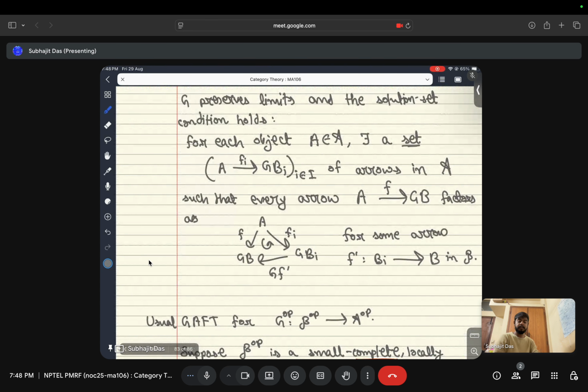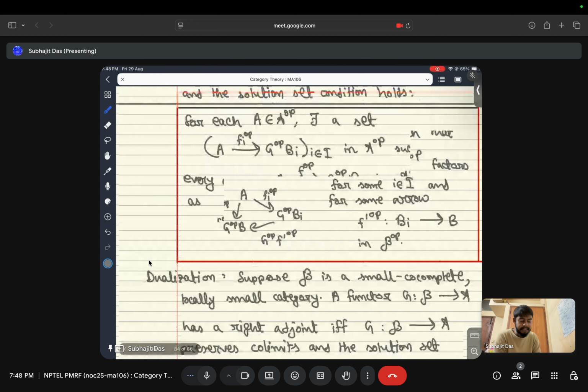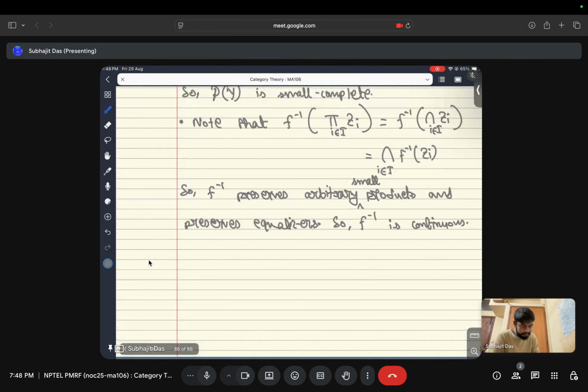What we need to show is that for each object A in the category, here an object of PX, that is, for each subset U of X, we should be able to find a set of arrows such that every arrow factors through it. So we just need to verify the solution set condition.